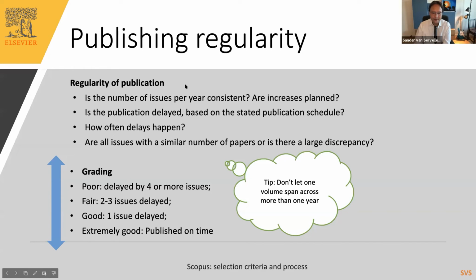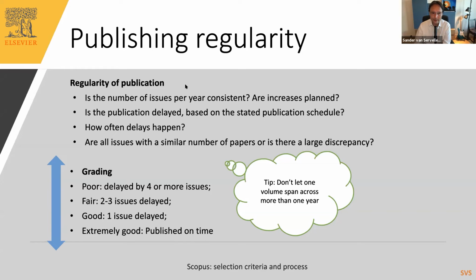Publishing regularity is something that we already touched upon. Basically, regularity means that you have consistency and that you consistently publish according to the schedule that you've set out for yourself. So if you said that it's a journal which publishes twice a year, then it should be twice a year.